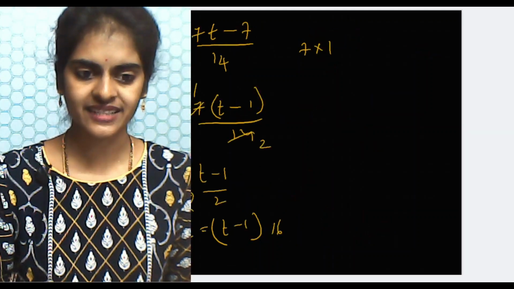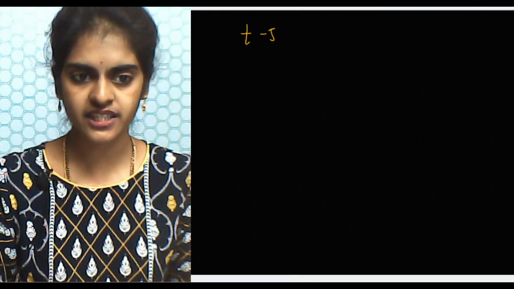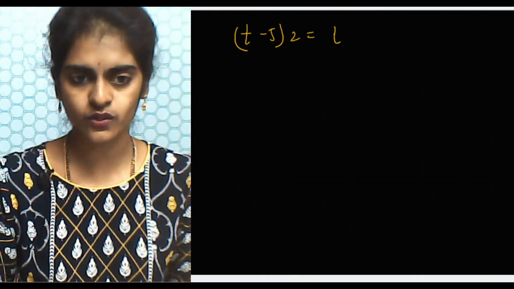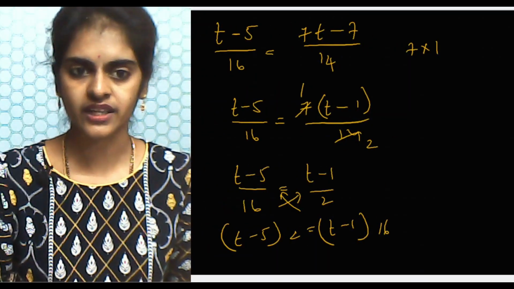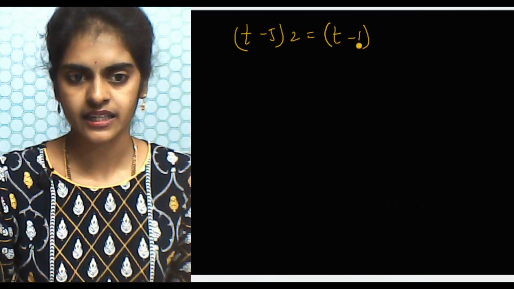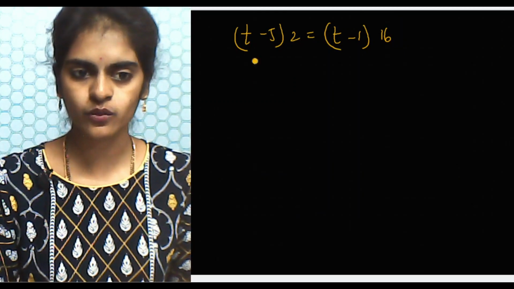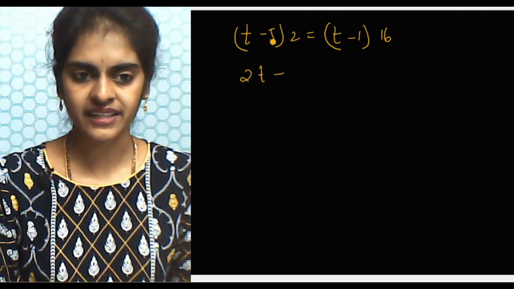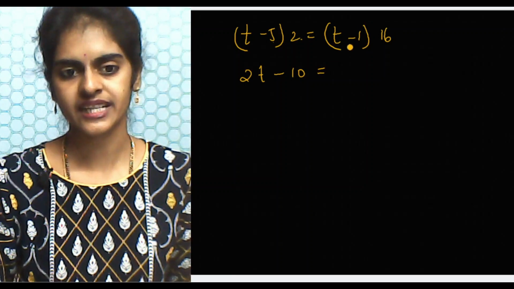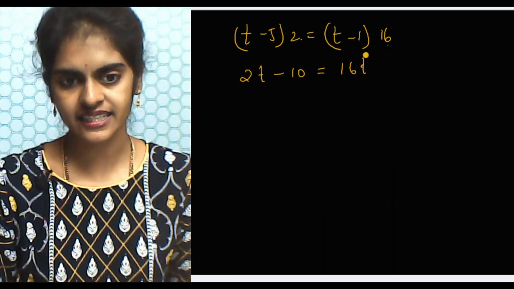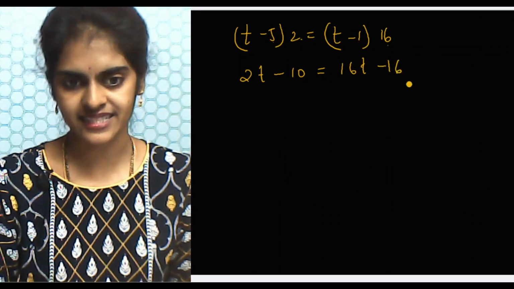Okay, so let us simplify it. So you have (t minus 5) into 2 is equal to (t minus 1) into 16. Okay, yes. So simplifying, 2 t's are 2t, minus 10, 5 2s are 10. Now t into 16 is 16t, you have minus, right? 1 16 is 16.